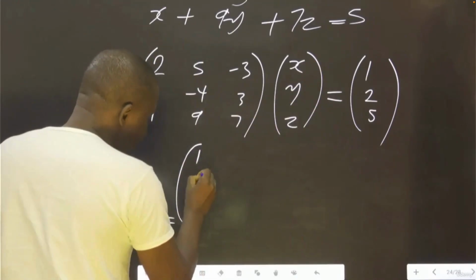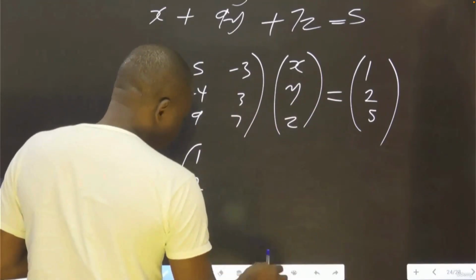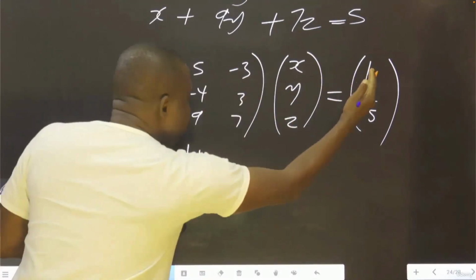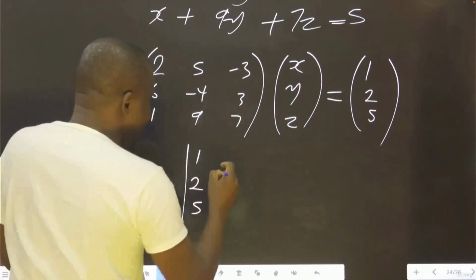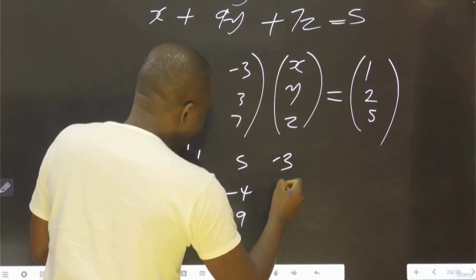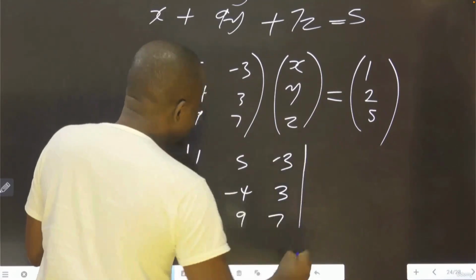That is 1, 2, 5. Let me remove this particular one. Once I replace this with this, all the other ones will still remain: 5, minus 4, 9, minus 3, 3, 7.